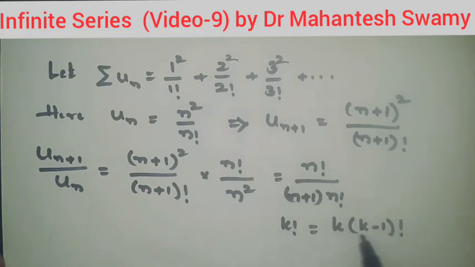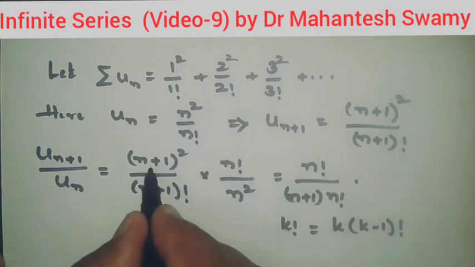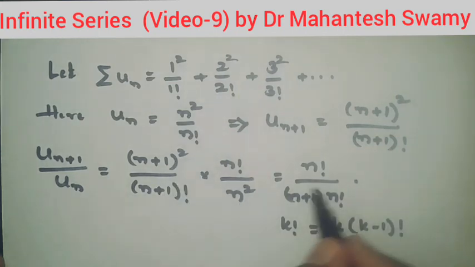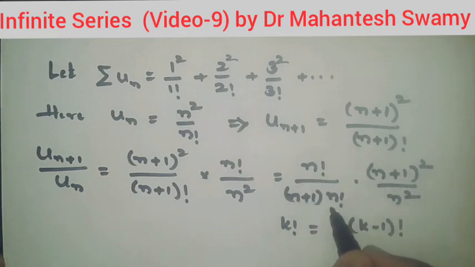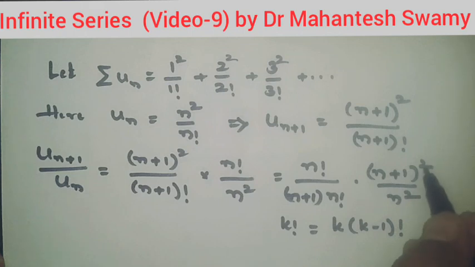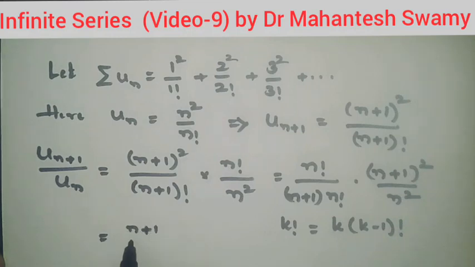Just like by using this property we have written this thing here, into the remaining terms (n plus 1) whole square by n square. Now this n factorial cancels, and one (n plus 1) bracket cancels with this (n plus 1). So the remaining thing is n plus 1 in the numerator, in the denominator it is n square.